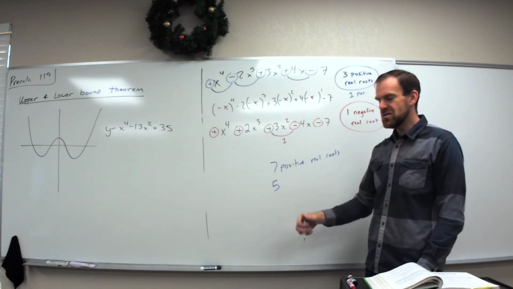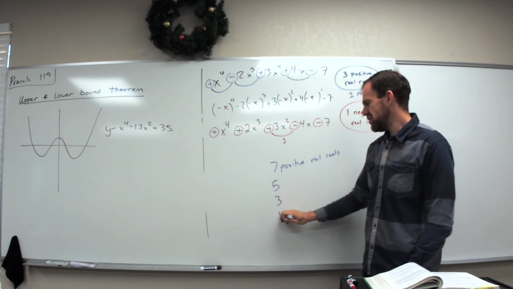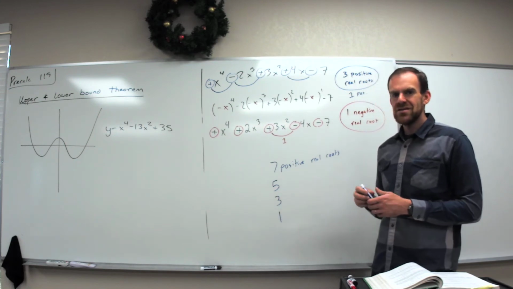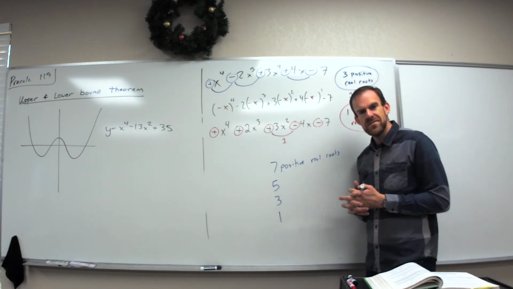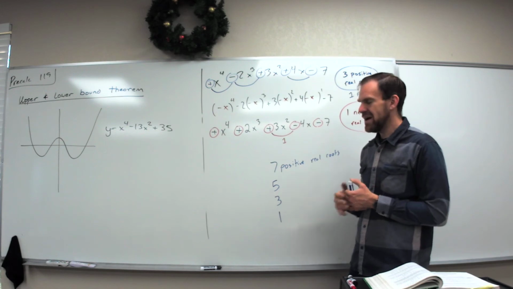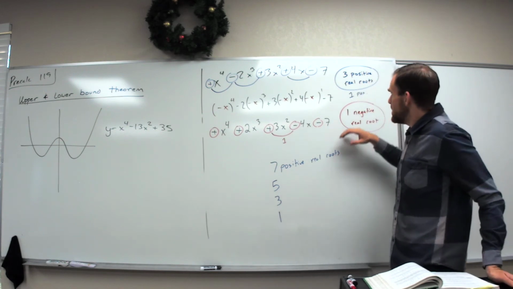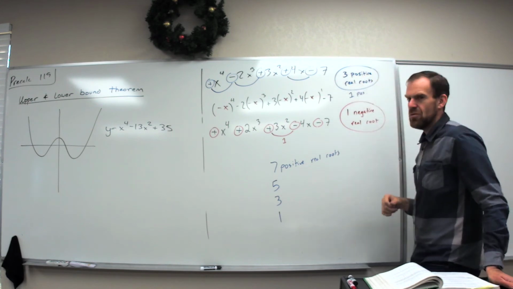Or if 2 more of those are imaginary, you would have 3. If 2 more of those were imaginary, you have 1. Okay? And so it gives you an idea of what kind of solutions you're going to get, but unfortunately, it could be any of those options. So for this one where we found 3 positive real roots, it could be 3 or it could be 1.